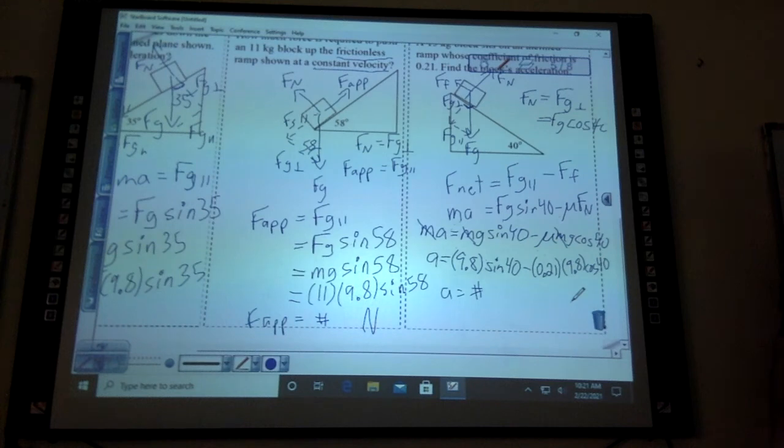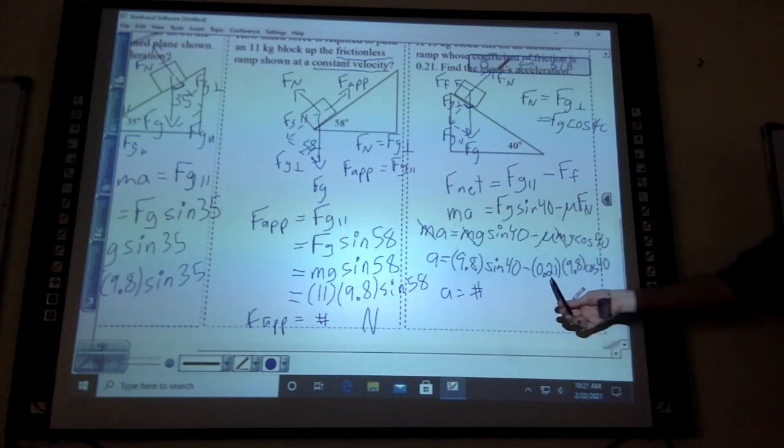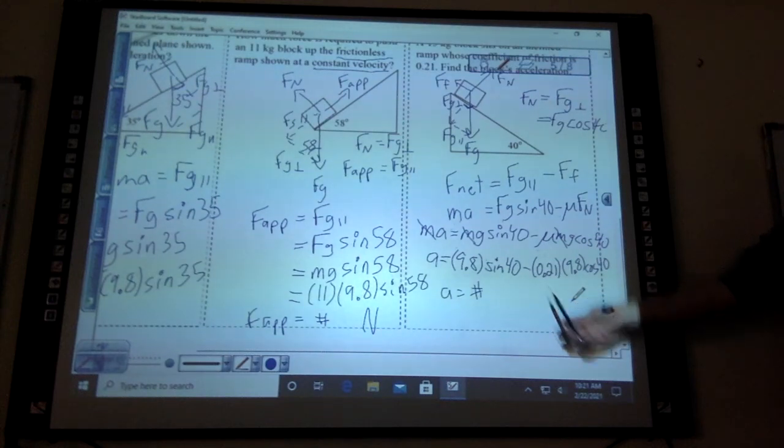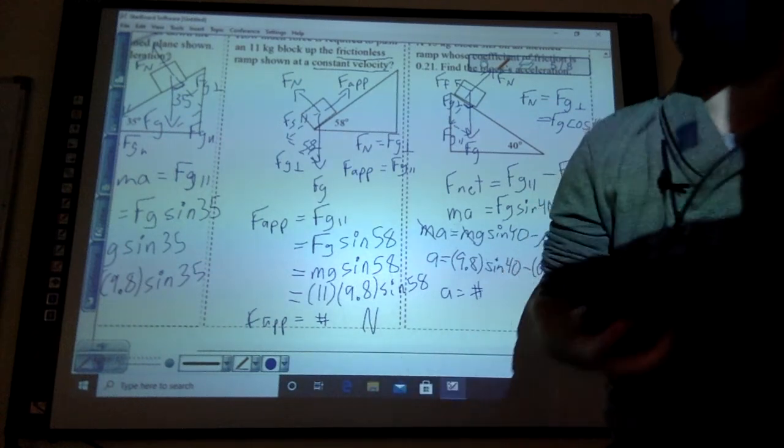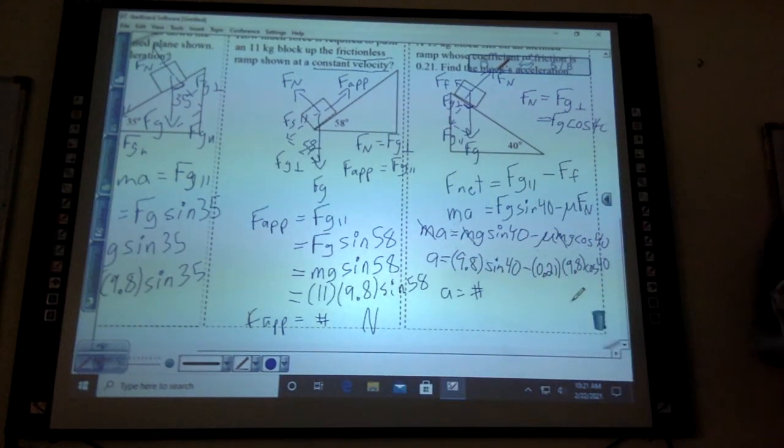For your acceleration? You shouldn't. I know, but when I put 9.8 here, I got a good number, because you then need to multiply it by 0.21. But no, because we already took that into account when we subtracted. Are you in degree mode or radian mode?